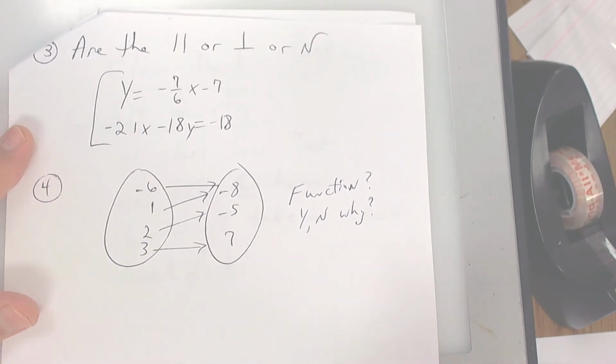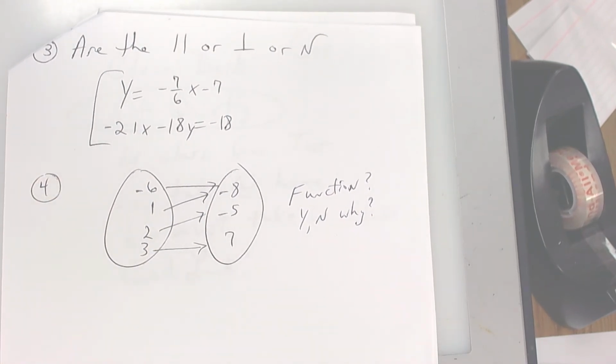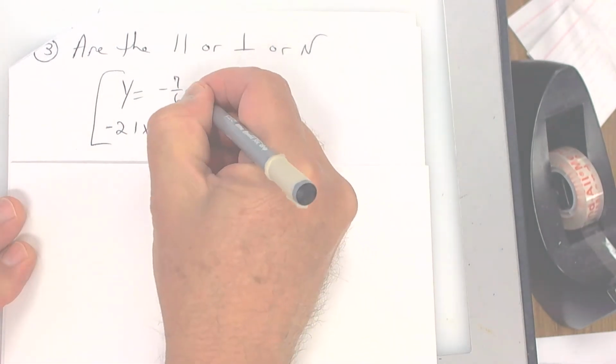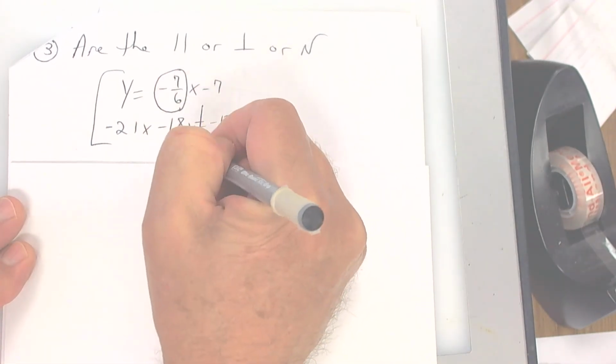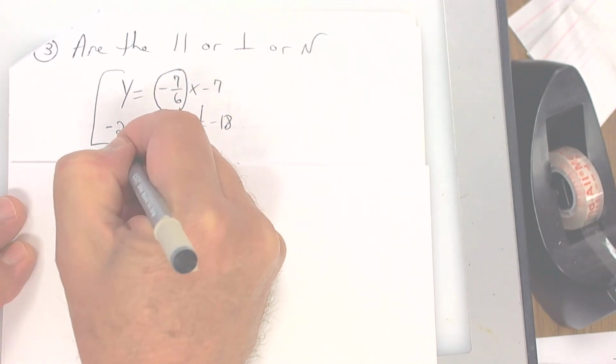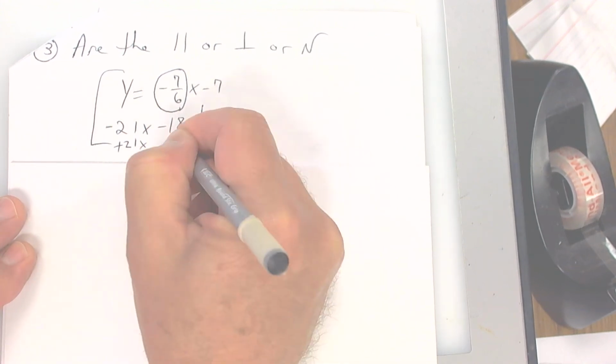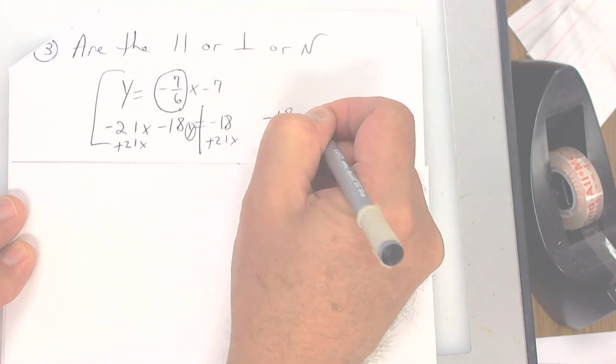Okay, two more. Try these two. Are these lines parallel? Well, to be parallel, they have to have the same slope. Let's take a look. Well, here you already have your slope. So what you want to do on this one is get y by itself. So add 21x to both sides. So you're going to get negative 18y.